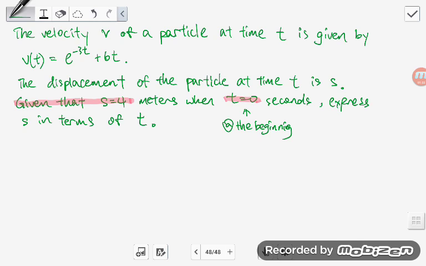Does that make sense? All this time, I know s of t, and if I find the derivative of s, that gives me my v of t. Now we are going to go in the opposite direction, which means I need to find the integral of my v of t. And that's what we're going to do now.